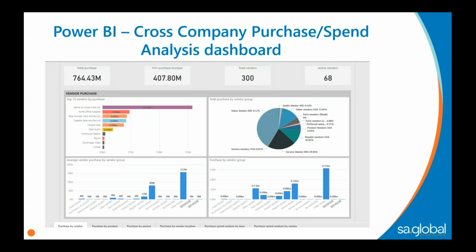The particularity here is that, sticking to the theme of this webinar, this is of course fully cross-company or multi-company, consolidated and aggregated. So when you look at it from a high-level view, you see all your numbers fully consolidated and aggregated in the currency you want.